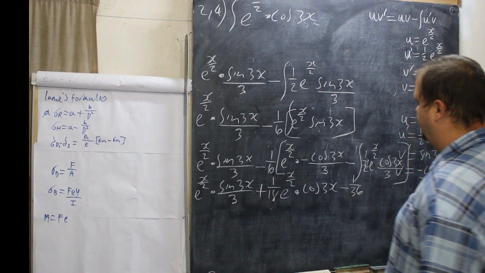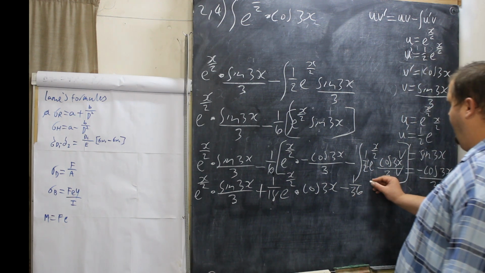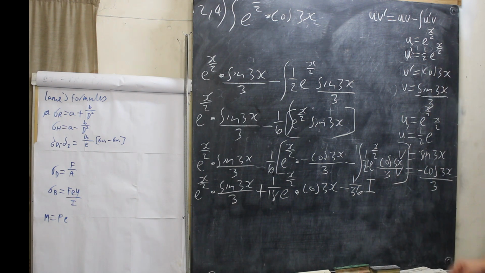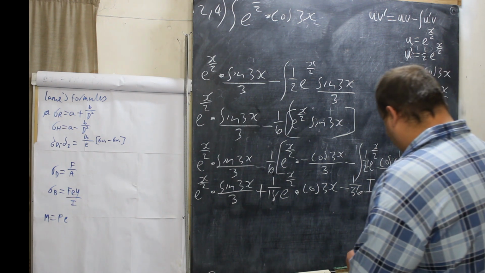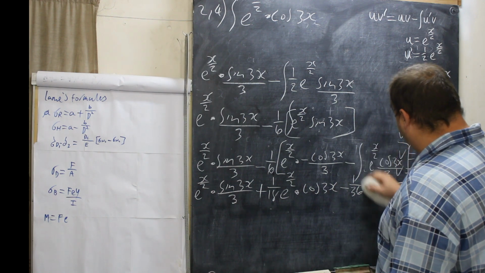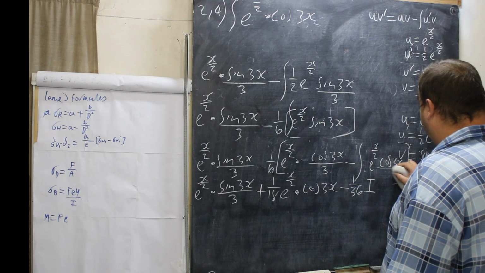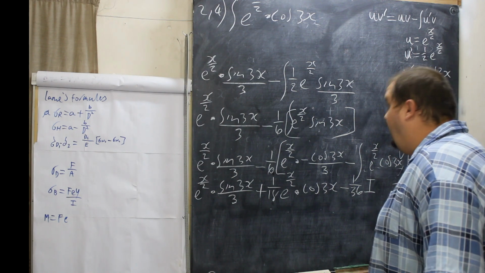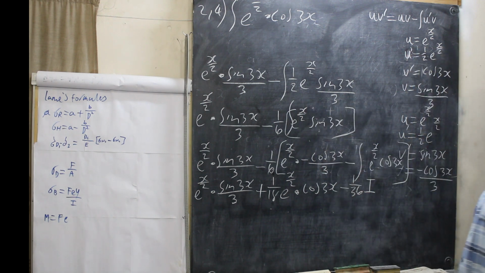And that's what gives us the 36. And that is 1 over 36 I, because we are right back where we began. If you take out this here, and you take out the over 3, we are right back where we started.